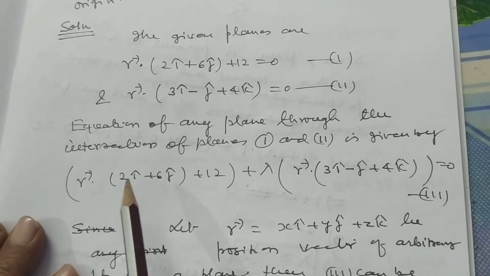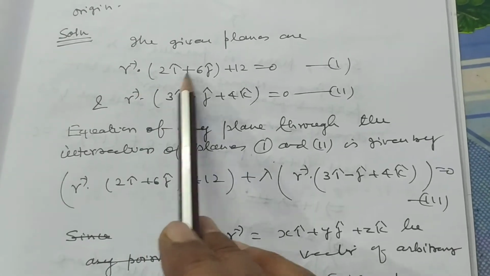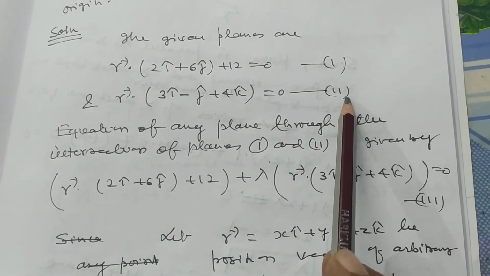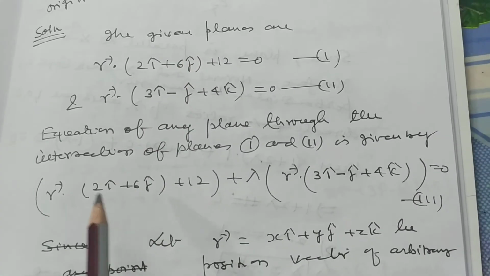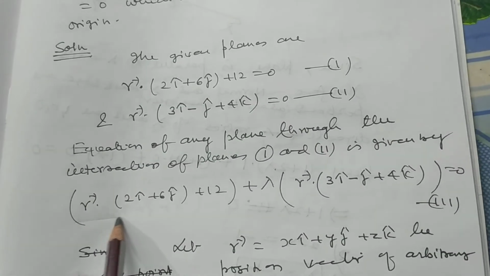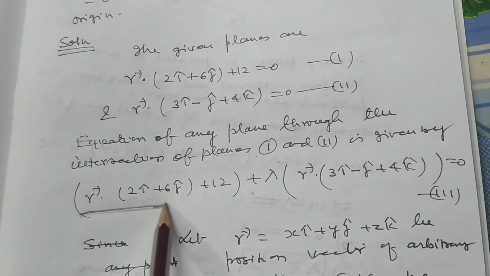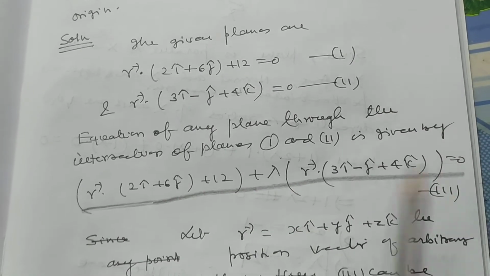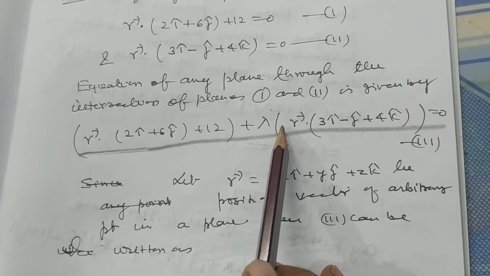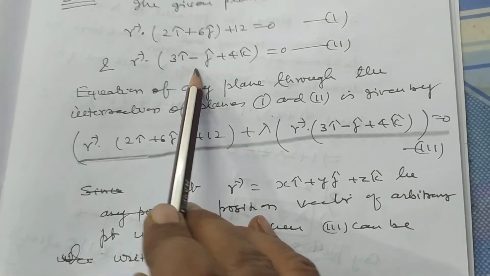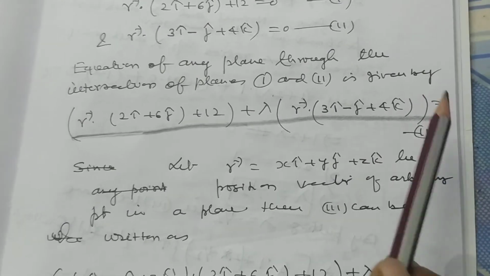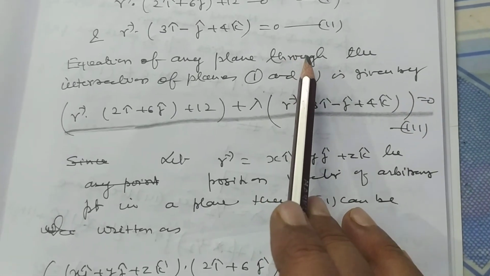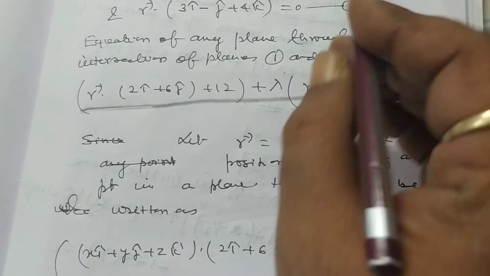My dear students, here the equations of the two planes are given. By the intersection of these two planes, a plane will be passing. By multiplying the equation 2 by lambda and adding, we will get the combined equation of the plane passing through the intersection of these two planes.